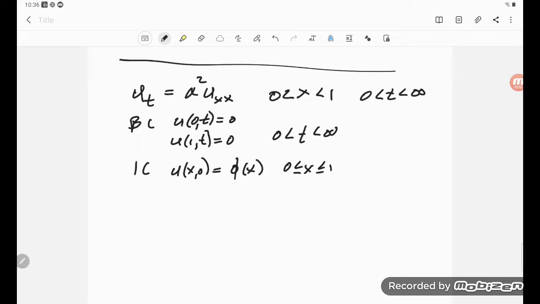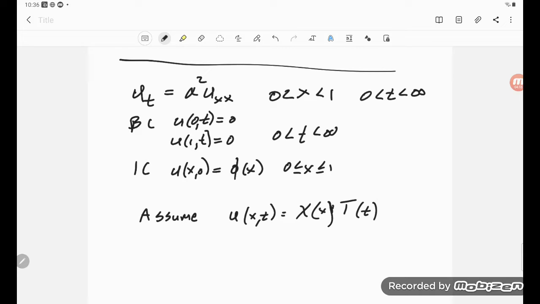So what we're going to do, though, is we're going to assume u of x and t is actually some X of x times T of t.